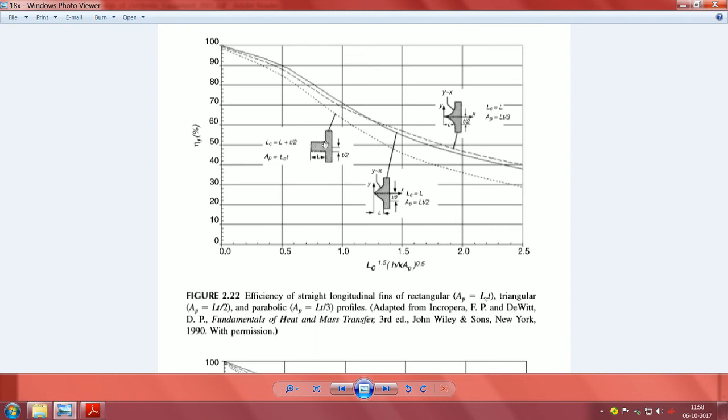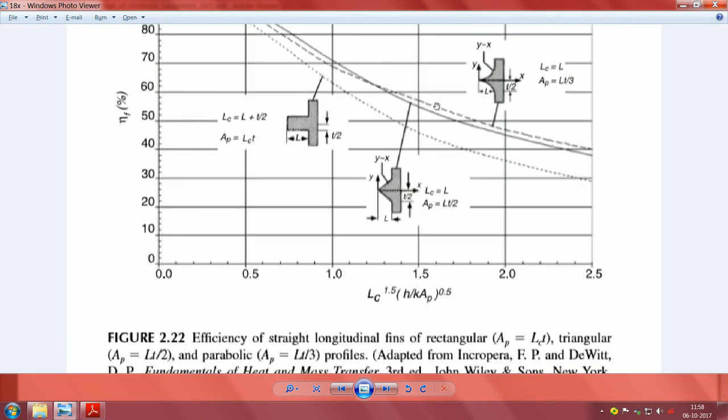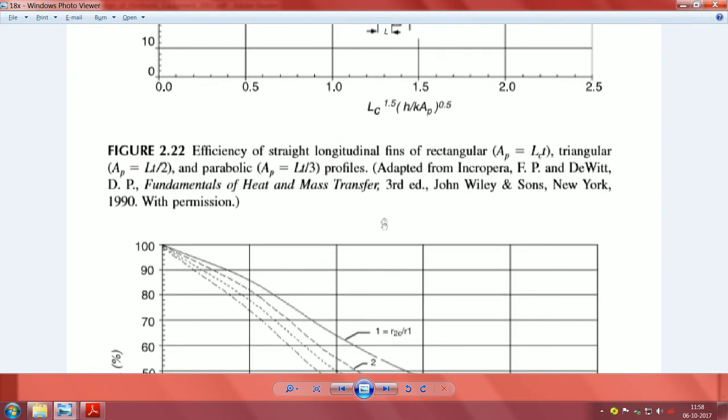If you have only a simple thing like this, the efficiency comes down when the length becomes long. There, even if the length becomes long, it does not matter, it is still better. You have seen that almost a 10% increase in efficiency is there, and compared to this, it is 25% better than this. That is the reason why these things continue to be used.